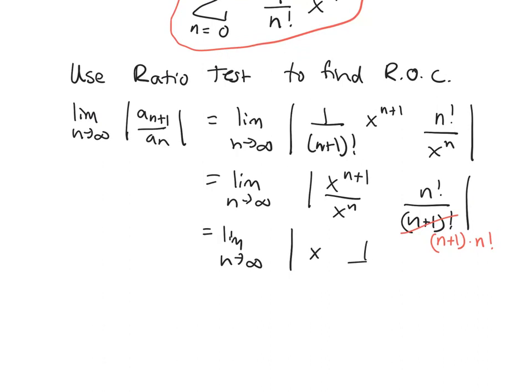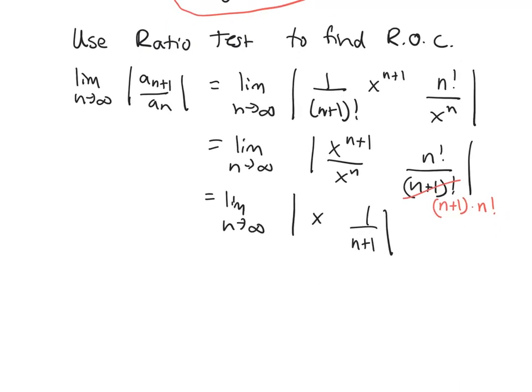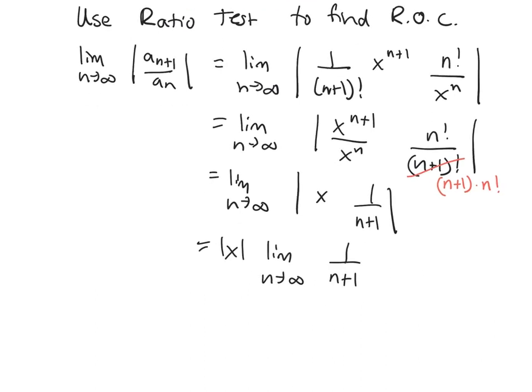So you're left with 1 over n plus 1. Remember, x is a variable, so it could represent a negative number, so it has to stay inside the absolute value, but I can pull it out in front. The limit as n goes to infinity of 1 over n plus 1 is 0. So I'm getting 0 for this limit.